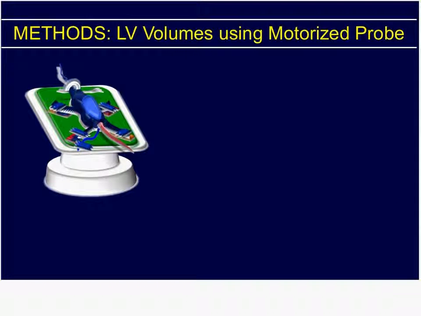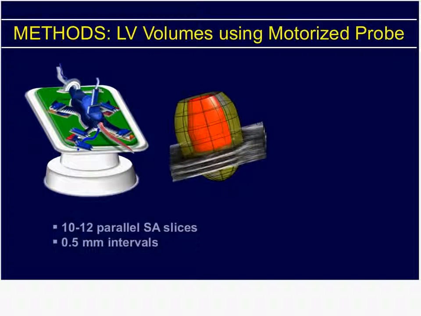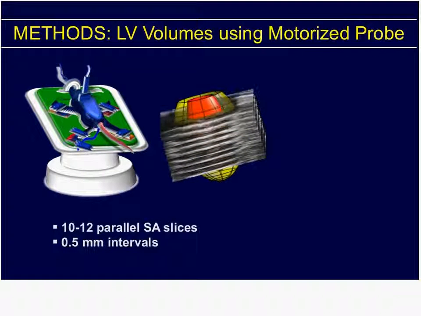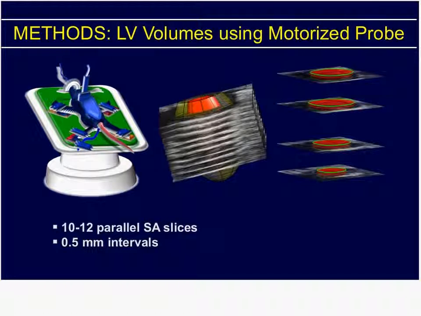We've got a rendition of it here, stylistically, of the transducer, skin, and heart, and in this study we took 12 parallel short-axis slices, and we stepped them at 0.5 millimeter intervals.